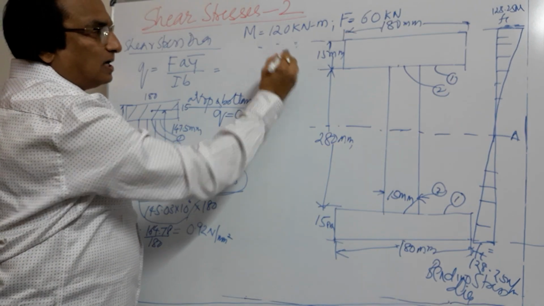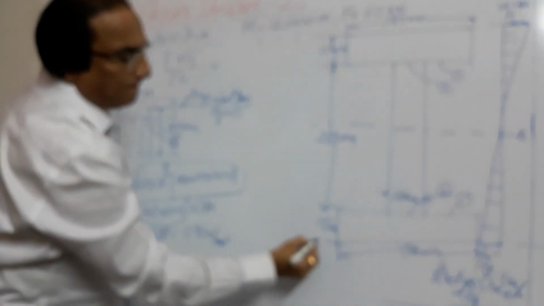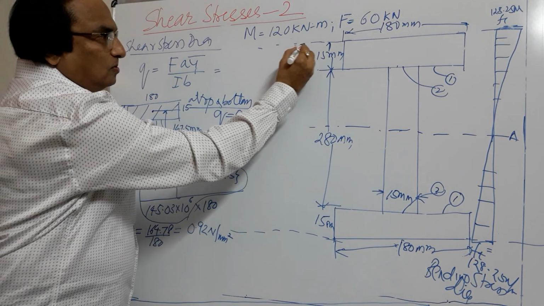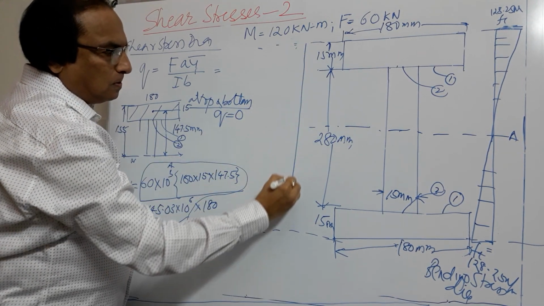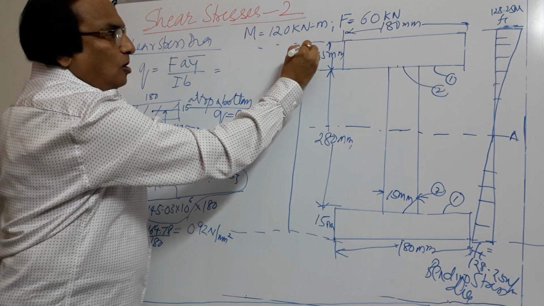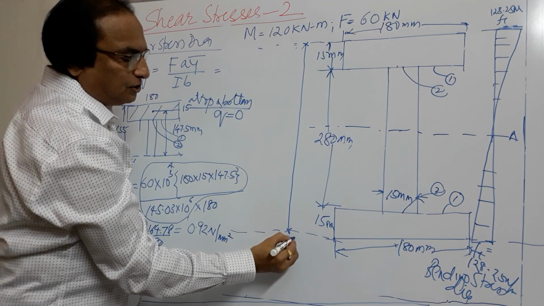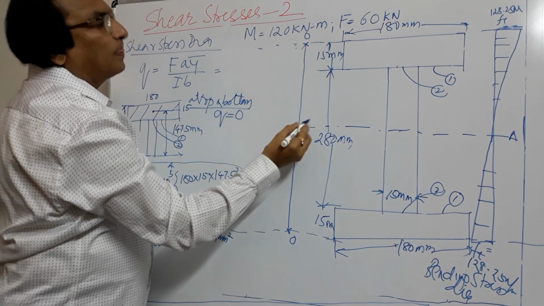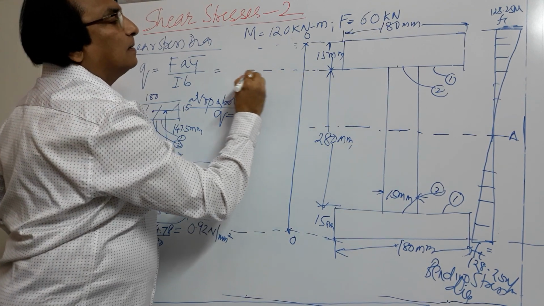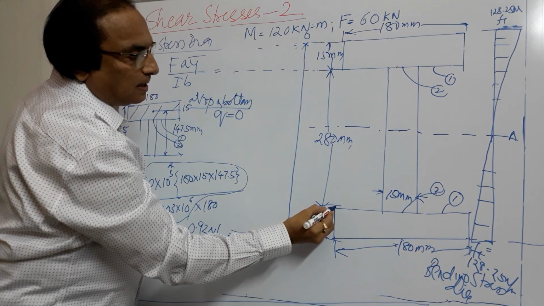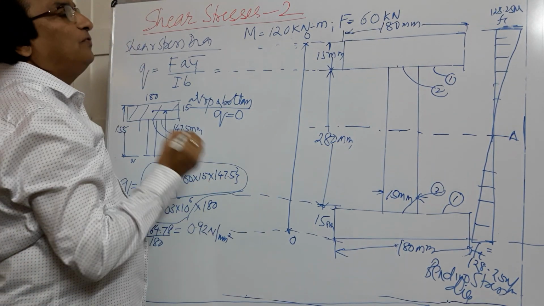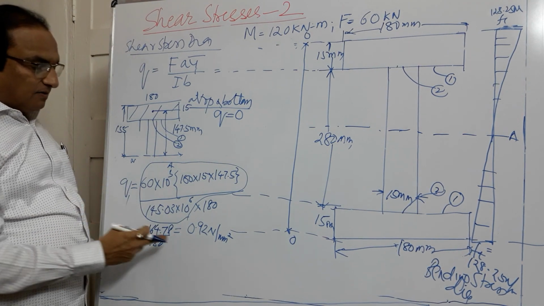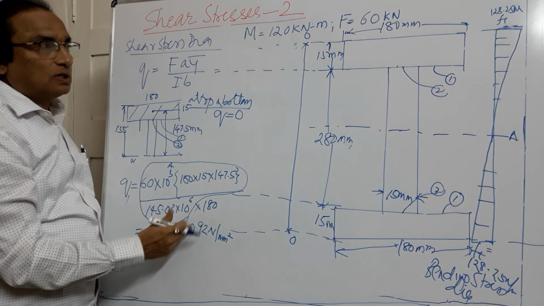Slowly if I start plotting the shear stress diagram, at the top and bottom shear stress is 0. Now we have seen that shear stress at level 1 is 0.92 Newton per mm square.